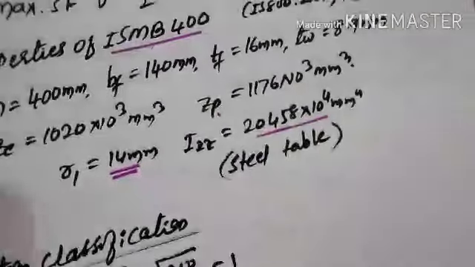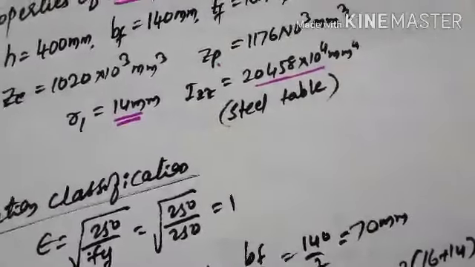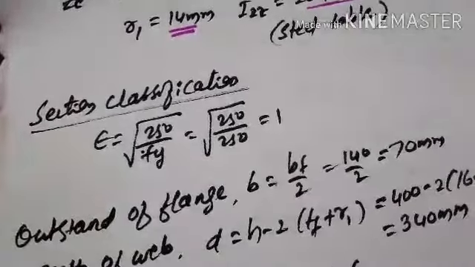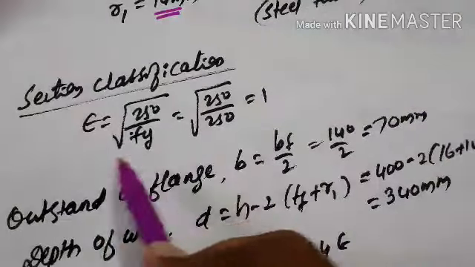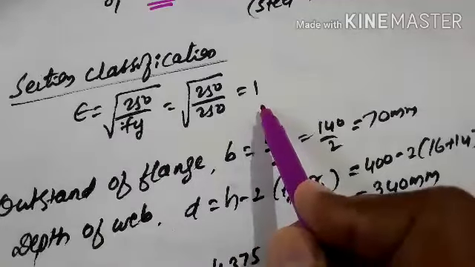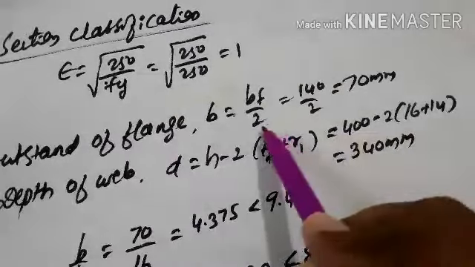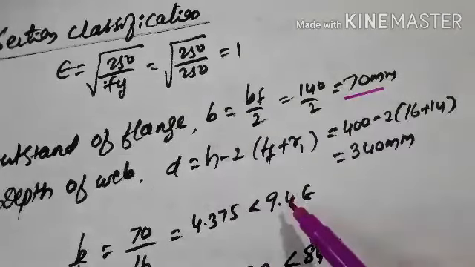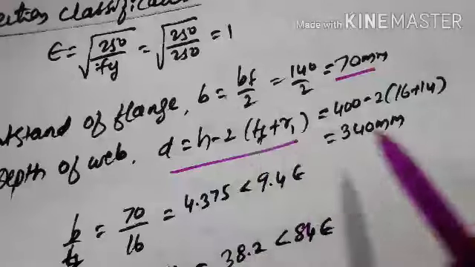Then once you have noted down the properties of the section, the next is the section classification. You know how to do the section classification, that is, the epsilon value is to be taken. Then the outstand of the flange width, this you have to calculate for the section classification. Similarly, the depth of the web, this also you have to calculate.